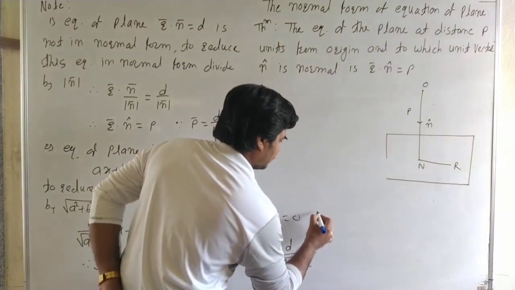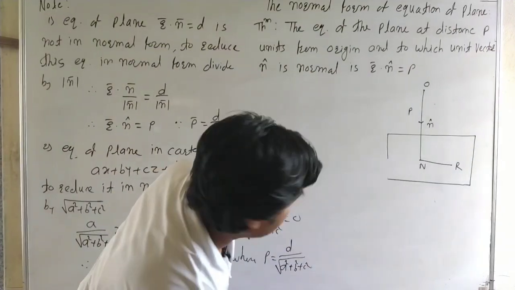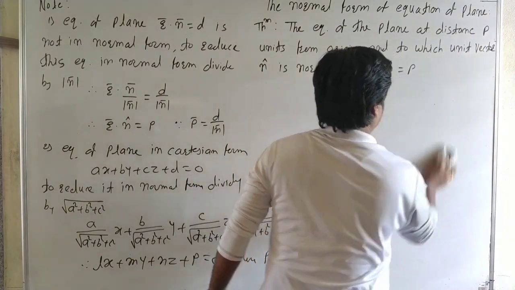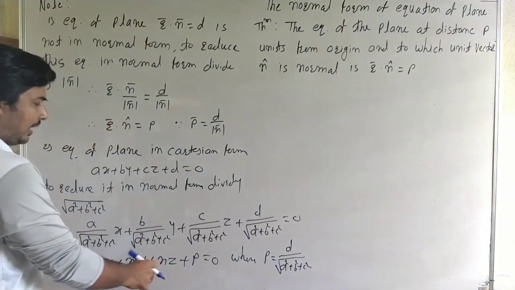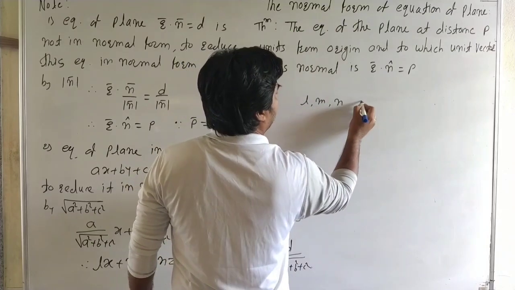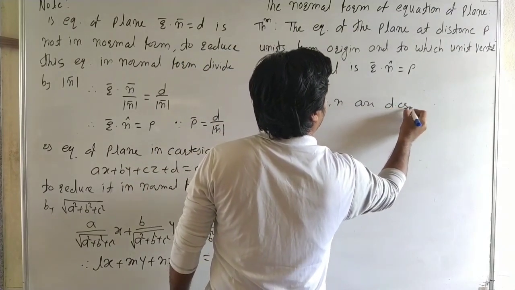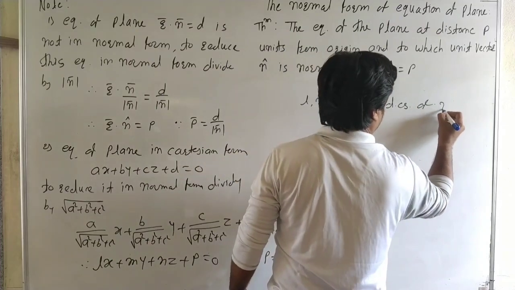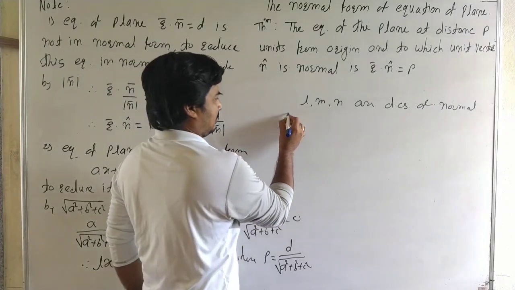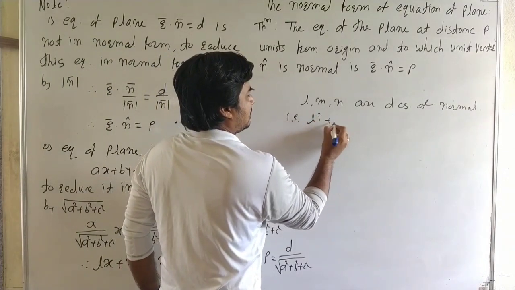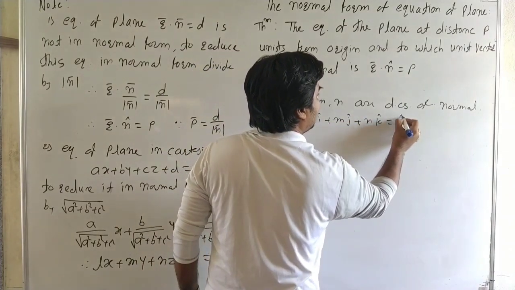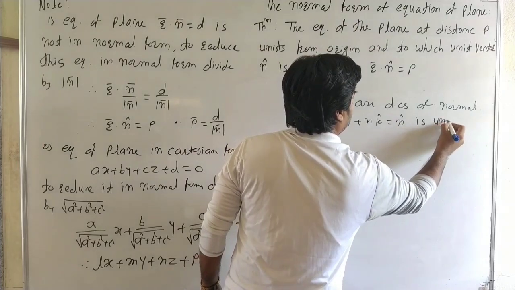See carefully, l, m and n are the direction cosines of the normal. That means l i cap plus m j cap plus n k cap is equal to n cap, the unit normal.